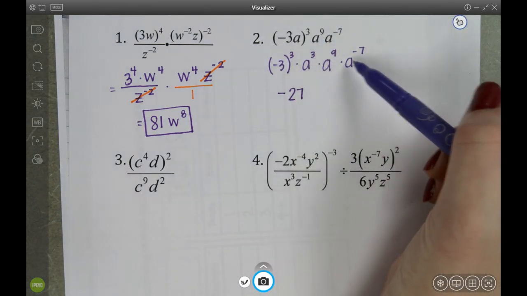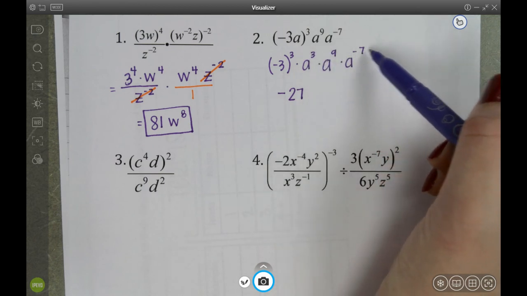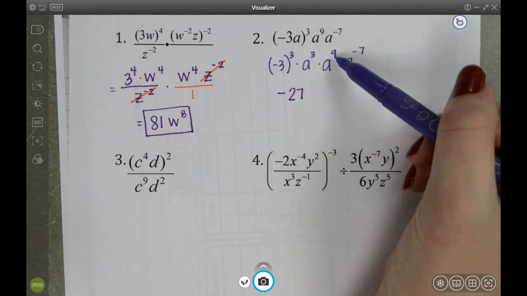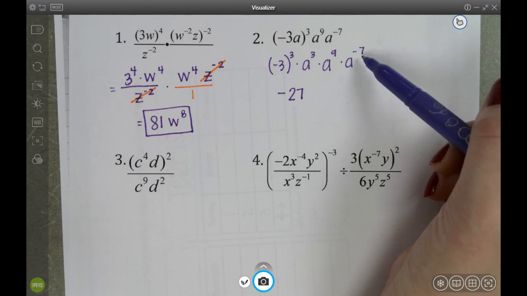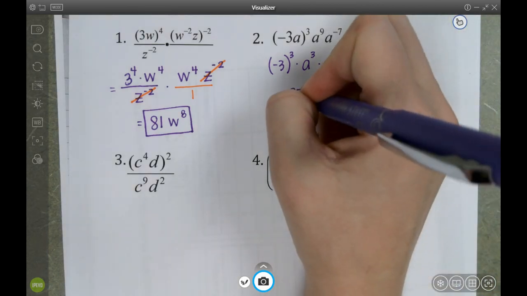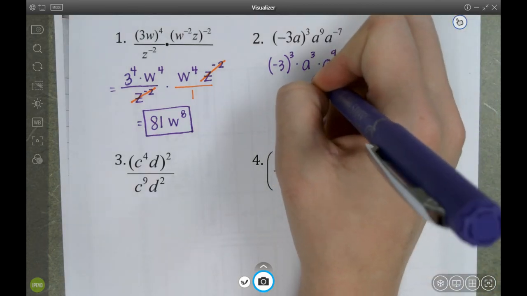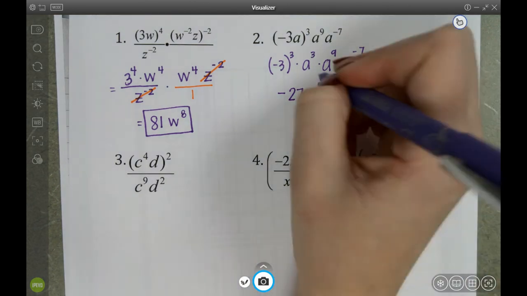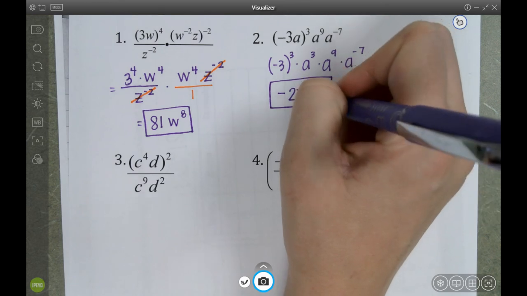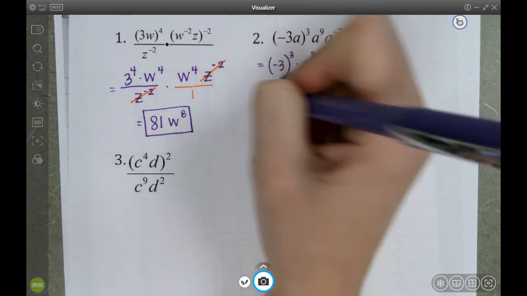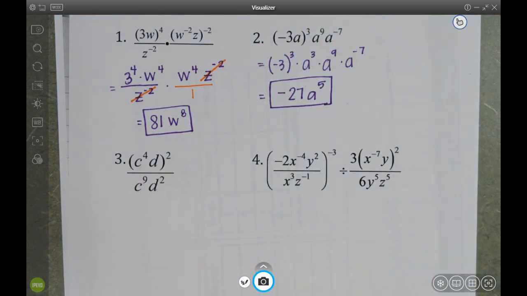And then with all 3 of these terms right here, I can add those exponents. 3 plus 9 is 12, and 12 plus negative 7, or 12 minus 7 is what? 5. So you get negative 27, a to the 5th power. You don't have any negative exponents or 0 exponents. So that's the answer.